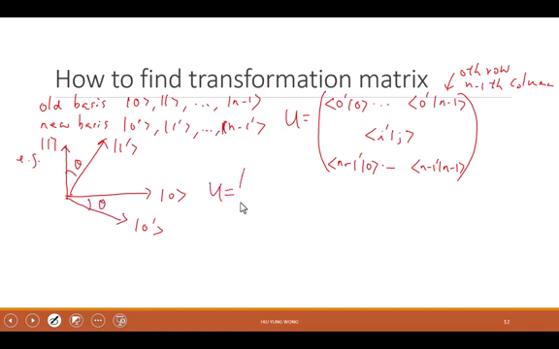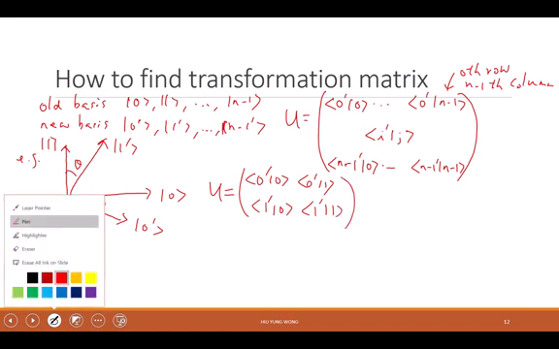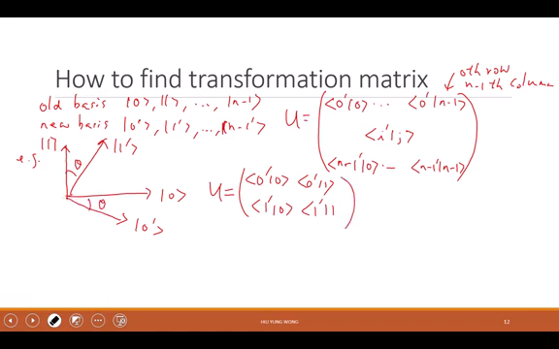U equals to 0 dash 0, 0 dash 1, 1 dash 0, 1 dash 1. Okay, write down the correct equation first, correct form first. You use this for your question 1, right? There is a way to do that. It's up to you. How to transform the Bell basis into another basis.